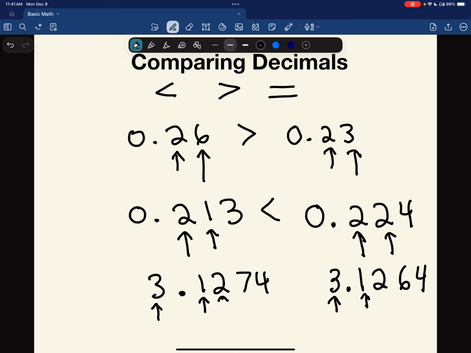Looking at 2 and 2, they both have 2. Going to the next number, now we have 7 and 6. Since 7 is larger than 6, automatically 3.1274 is greater than 3.1264. And we are finished.